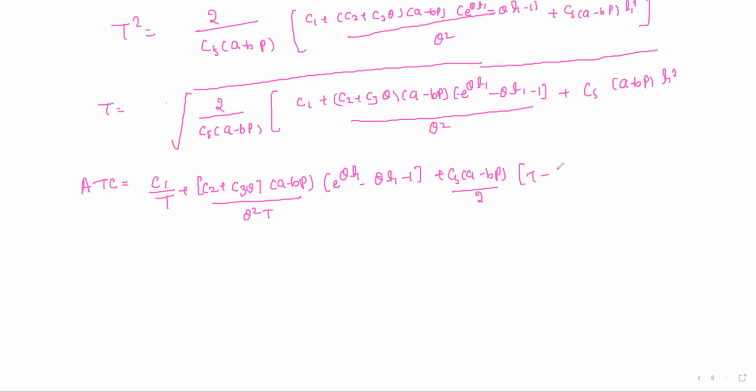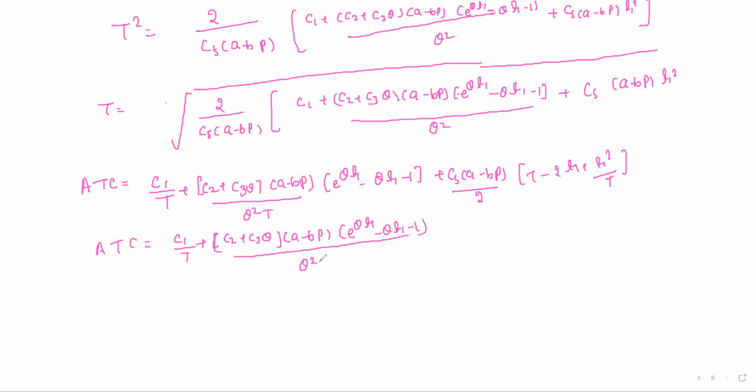This is T minus 2T1 plus T1 square by T. So again we can write it C1 by T plus C2 plus C3 theta (A minus BP) e to the power theta T1 minus theta T1 minus 1, and we can write this one T square minus 2T1T plus T1 square.